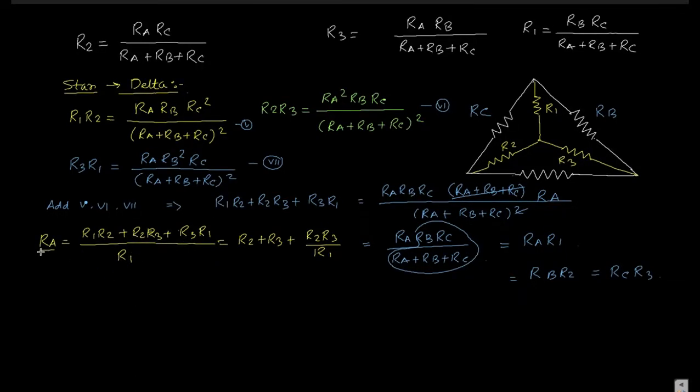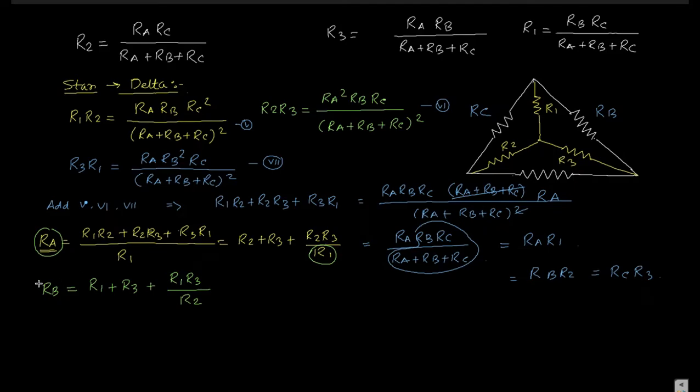So when A is there, R1 is in the denominator. According to that, RB is equal to R1 plus R3 plus R1 R3 whole divided by R2, since R2 is not present in the numerator.